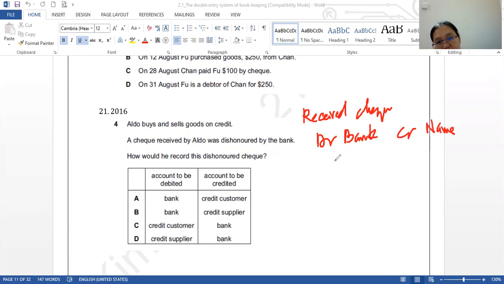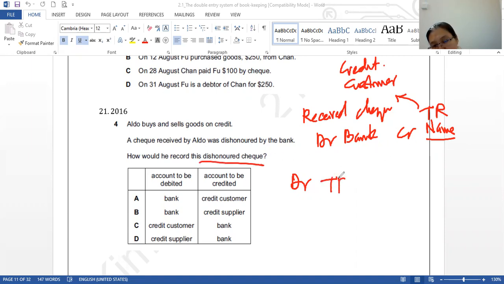Now when you didn't get the money, you will debit this person paying the check, normally a trade receivable, also called customer or credit customer. So now the check is dishonored, you have to reverse: the trade receivable becomes debit and credit the bank. Okay, so your answer should be C.